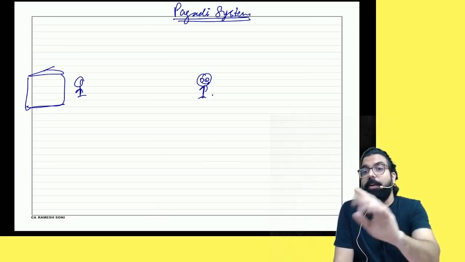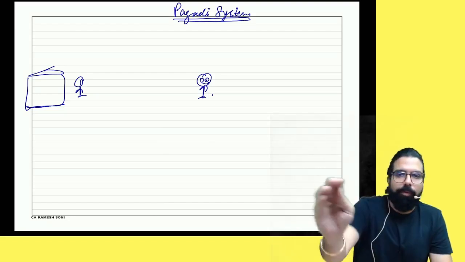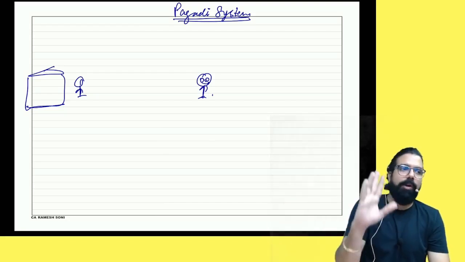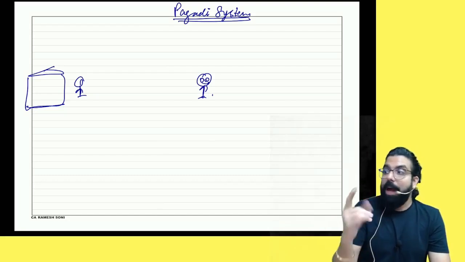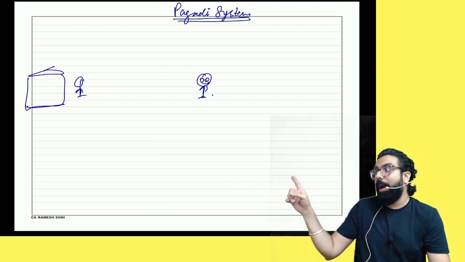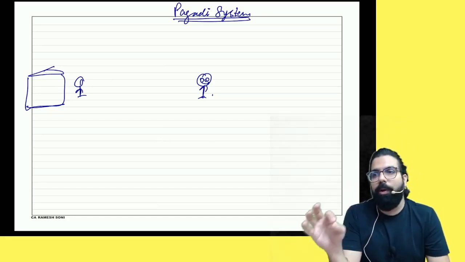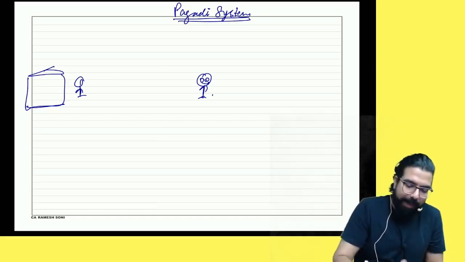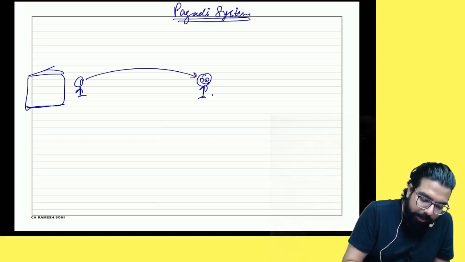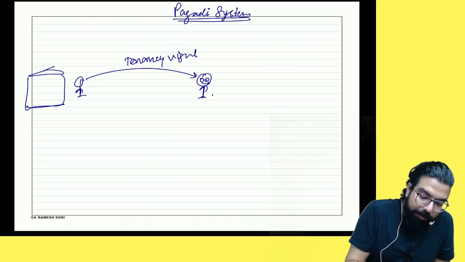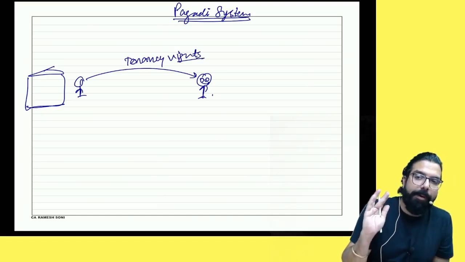For an example, Swaroop came and told me, sir, I want to be your tenant for lifetime. I'm not selling him my home. But I told, okay, Swaroop, you will be my tenant for lifetime. I will go ahead and give you my tenancy rights. It means now I cannot throw you out of my property.